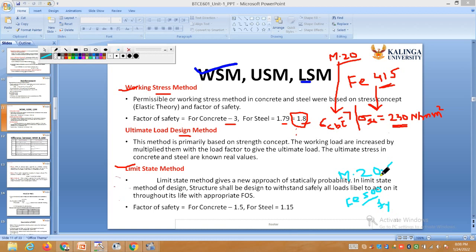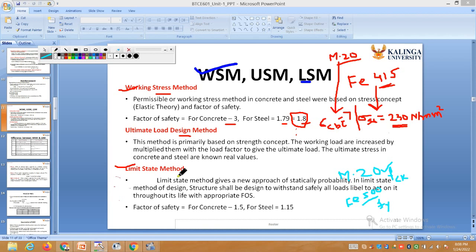M20, 20 newton per millimeter square. We use FCK, characteristic strength of concrete. So strength of concrete and strength of steel are not altered. No factor of safety is applied in the limit state method. FCK is taken as 20 newton per mm square, FY is taken as 500 newton per mm square. Strength of material we are taking as it is.